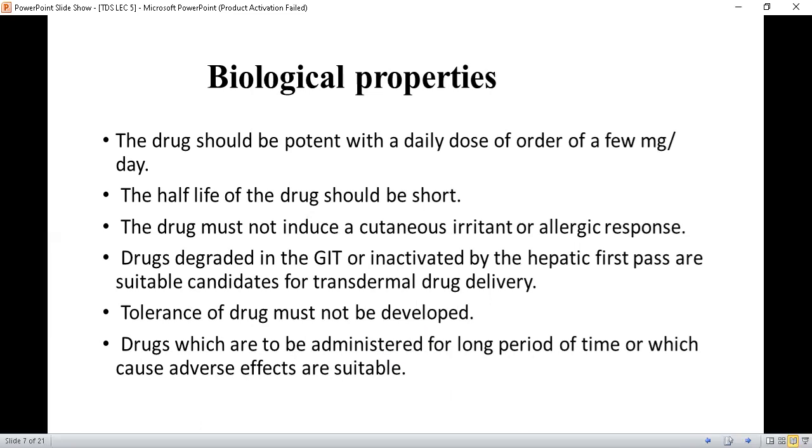Tolerance to the drug must not be developed means there should be no reaction in the body such that you apply a drug and the drug is not able to produce any sort of response. Let's proceed further. These are the biological properties that are important for the formulation of a transdermal drug delivery system.